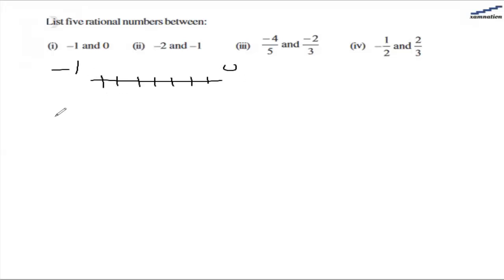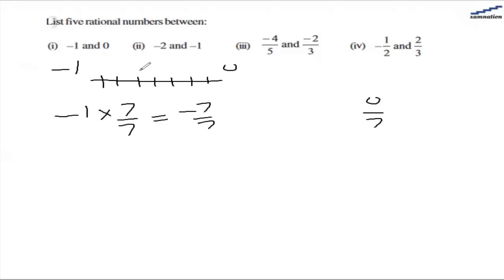So what we are going to do is represent -1 by multiplying -1 with 7 divided by 7. That is basically 1, and it will be equal to -7 by 7. And 0 will be represented as 0 by 7, because anyway this value is going to be 0.